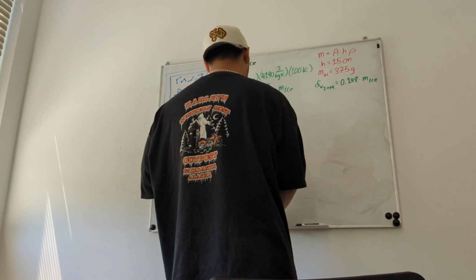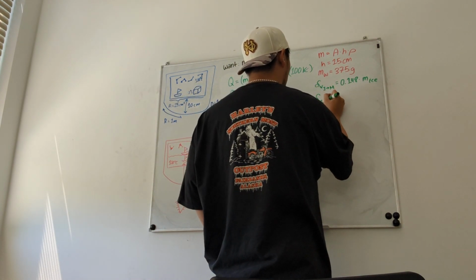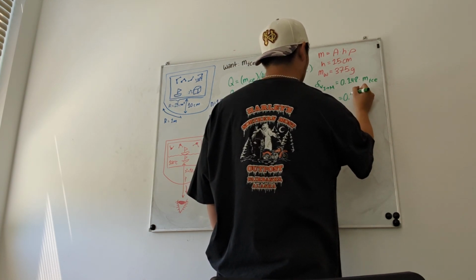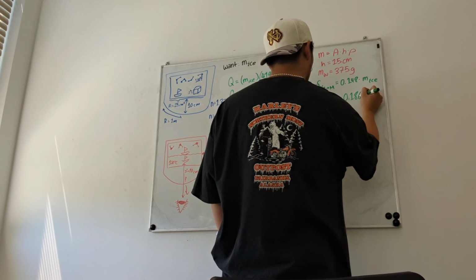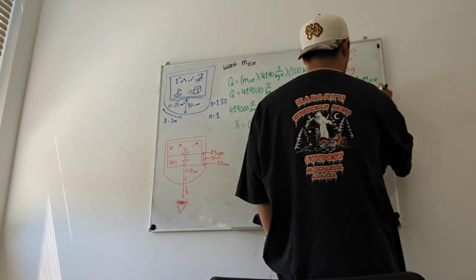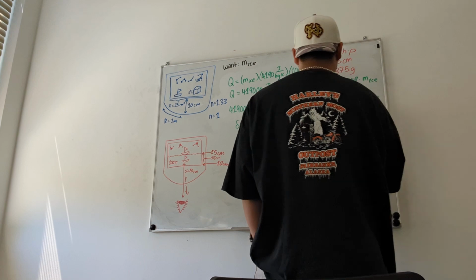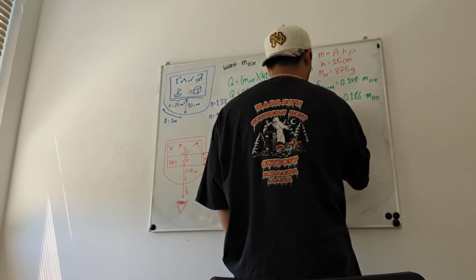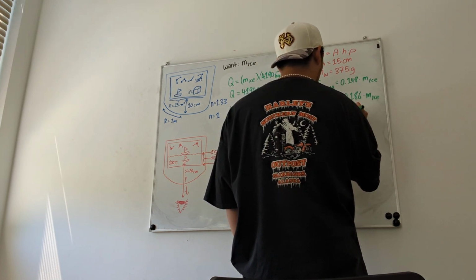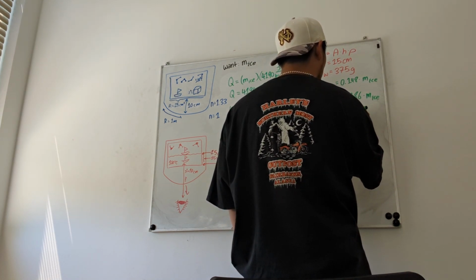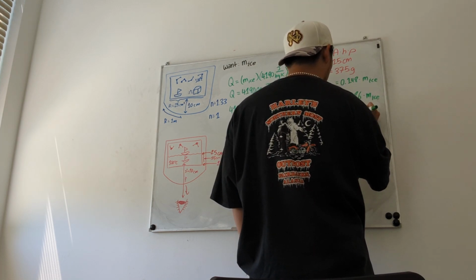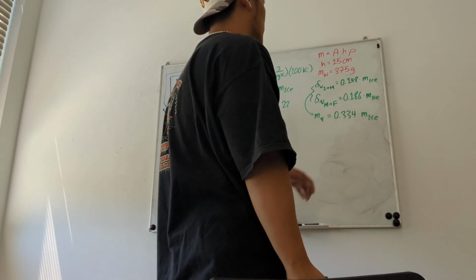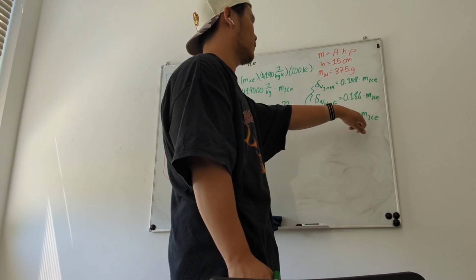Now we know how much of our water comes from vapor. Sum these two, and the mass of vapor is equal to 0.334 that of ice.